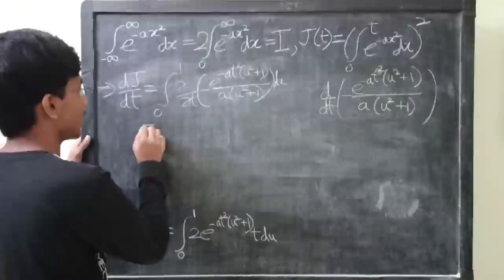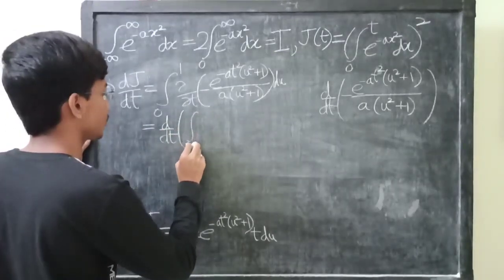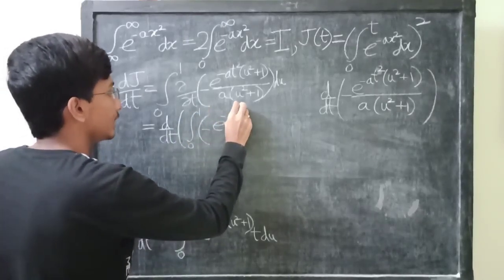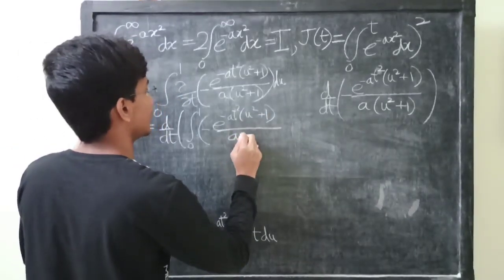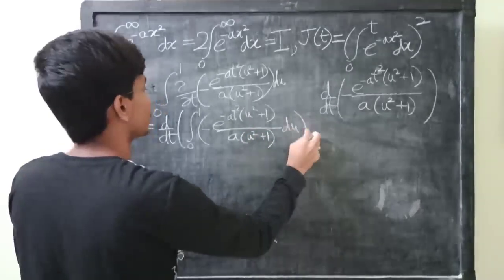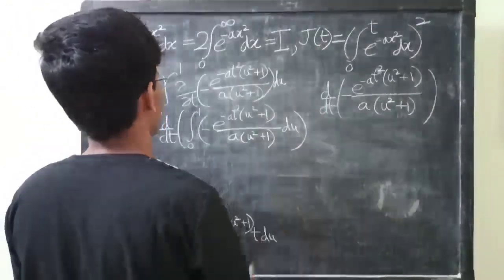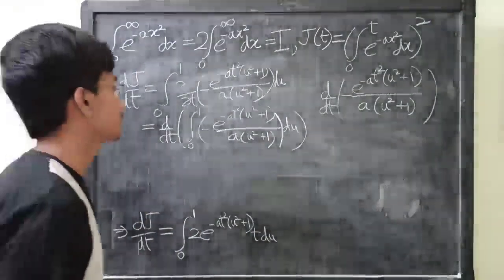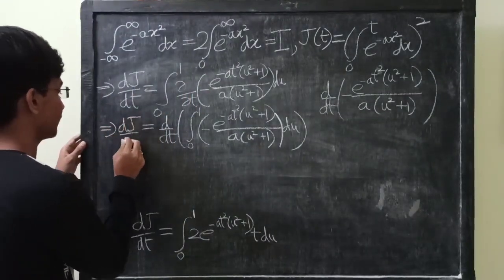So we can write this thing as d/dt of integration from 0 to 1 of this whole thing, e to the power minus a t square times u square plus 1 over a times u square plus 1, times du. Sorry, another bracket. I hope it is alright. Yes. Now, this is nothing but dJ/dt.